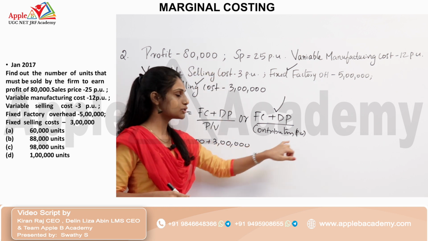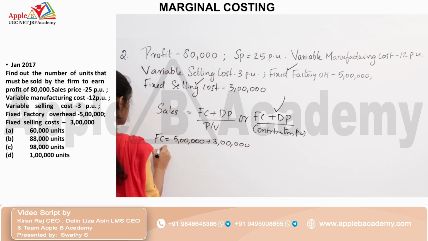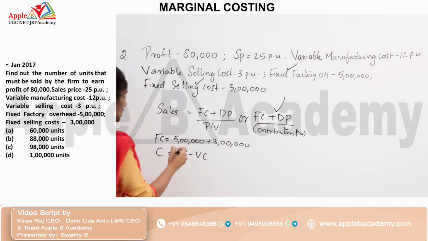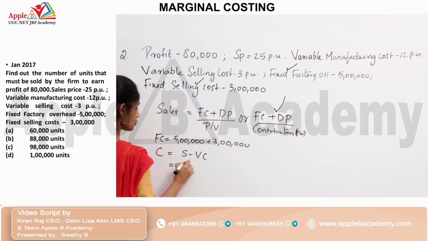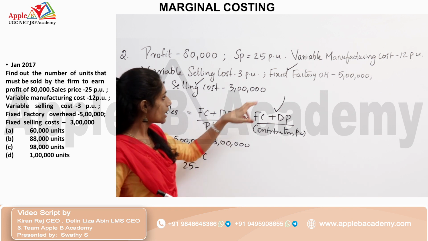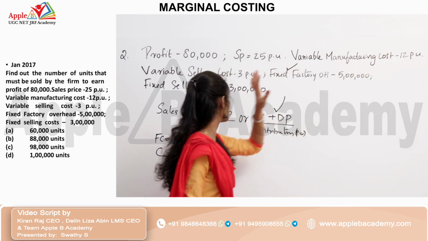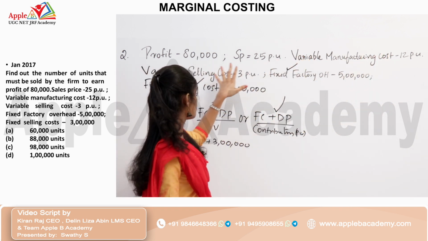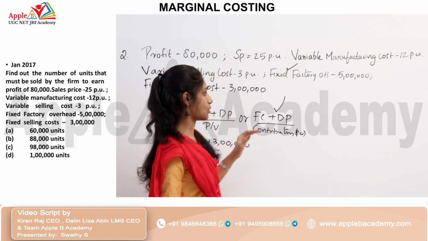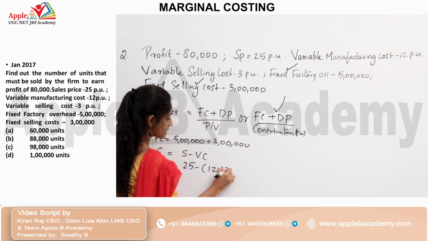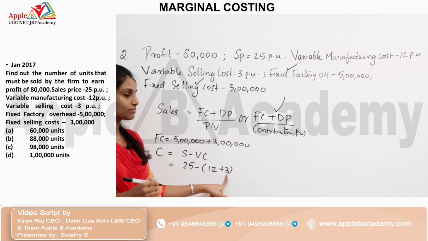Now, what about contribution per unit? Contribution means sales minus variable cost. Here the selling price is 25 rupees. What about the variable cost? Variable manufacturing cost is 12 per unit and variable selling cost is 3 per unit. Both these are variable costs, so 12 plus 3 means 15.